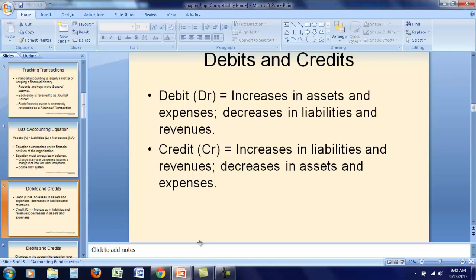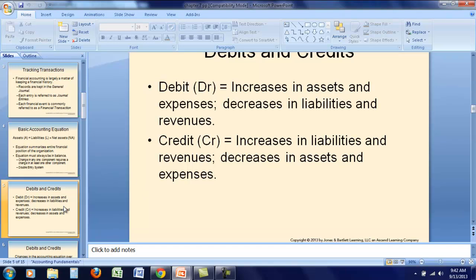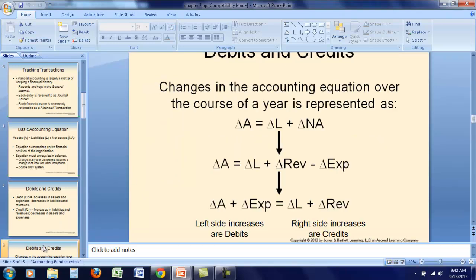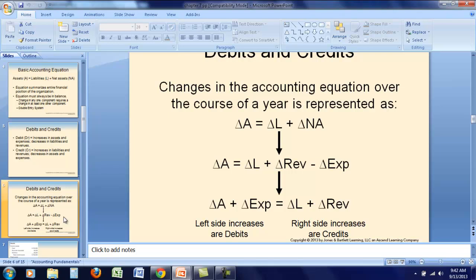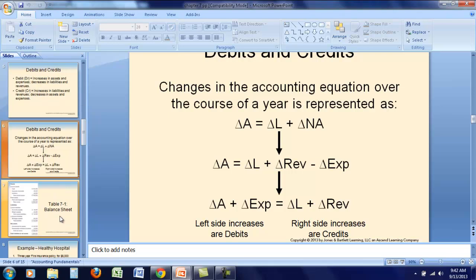Don't forget, I will provide this in Excel for you. Just a note, I find slide 6 rather confusing. If you get it, that's wonderful. Otherwise, I will certainly provide the T account for you.